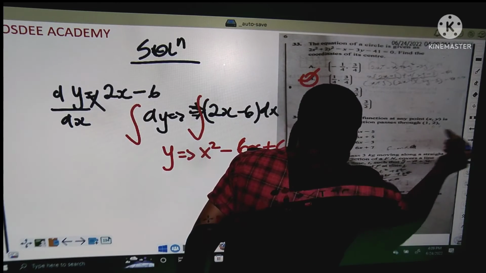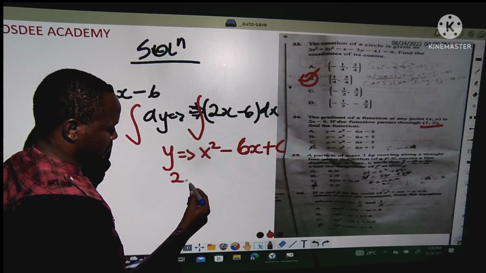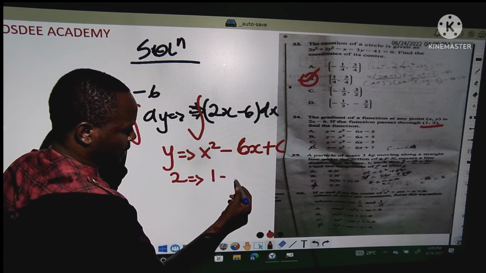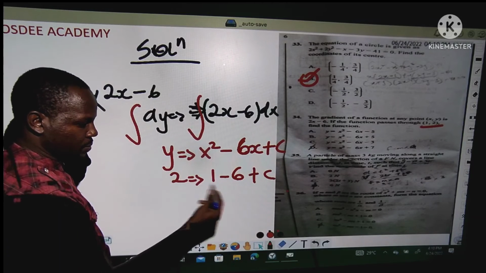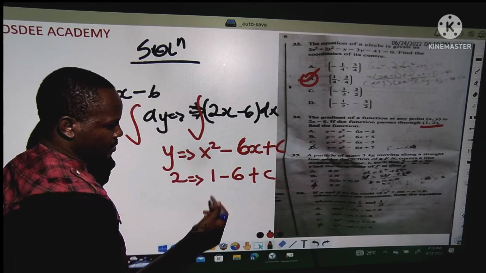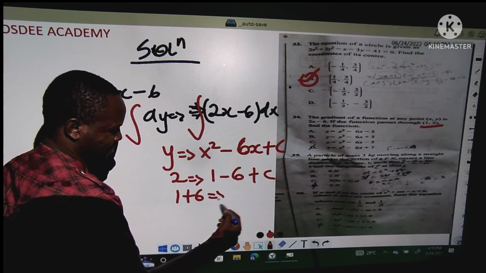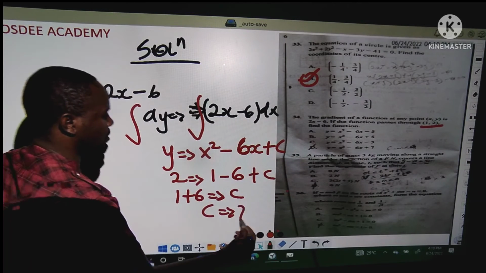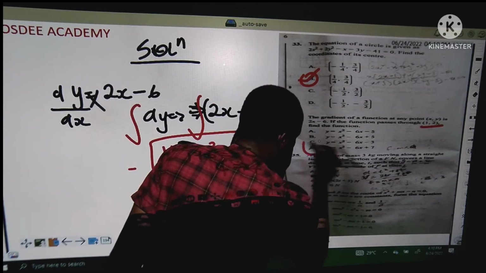If you substitute the point here, x is 1, y is 2: 2 equals 1 squared minus 6 times 1 plus c. So 2 minus 1 plus 6 is equal to c, so c is 7. Substitute back in this equation. She is right with what she picked.